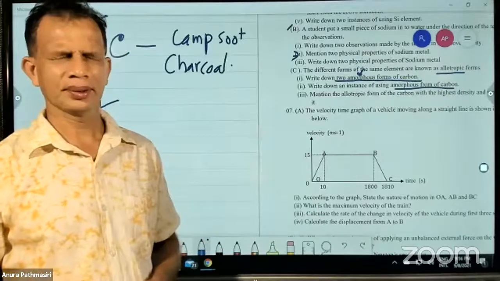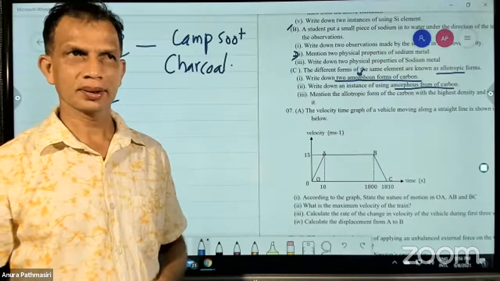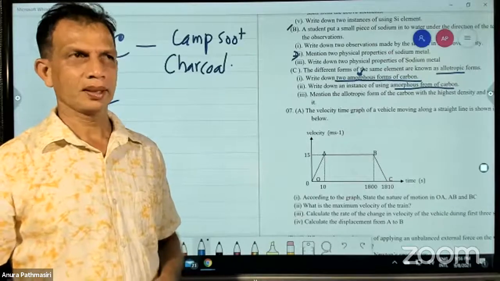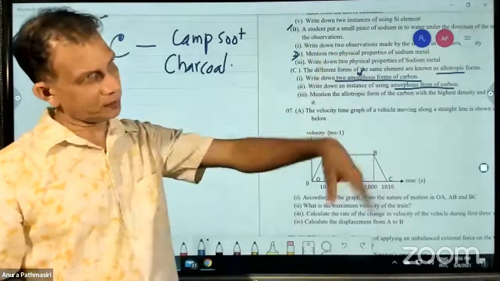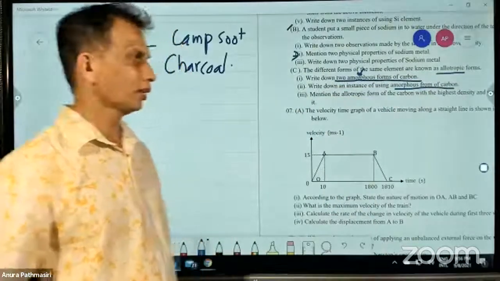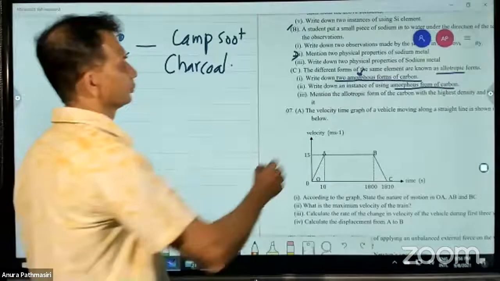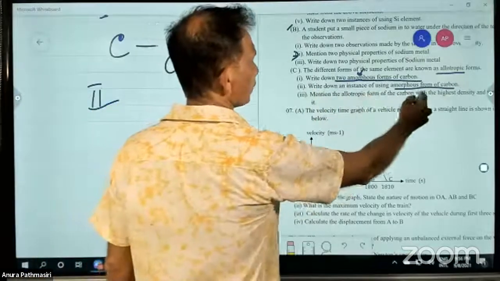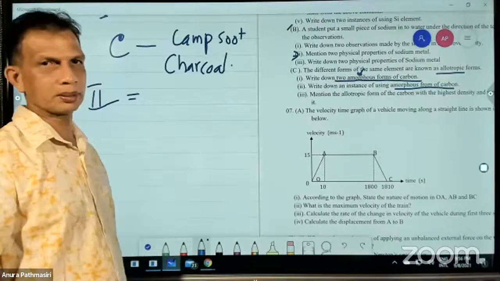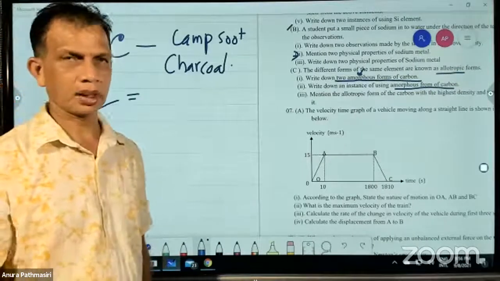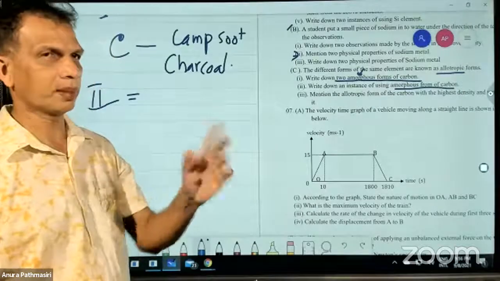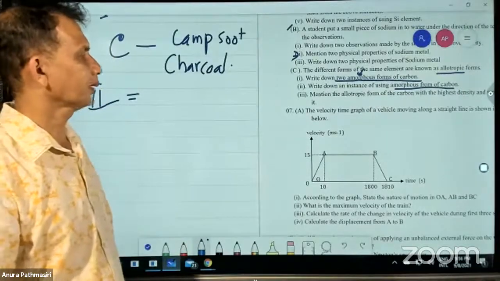Even we use it to paint the blackboard. Don't we use them? You can see any of that, making coloring, making the blackboard. Right?